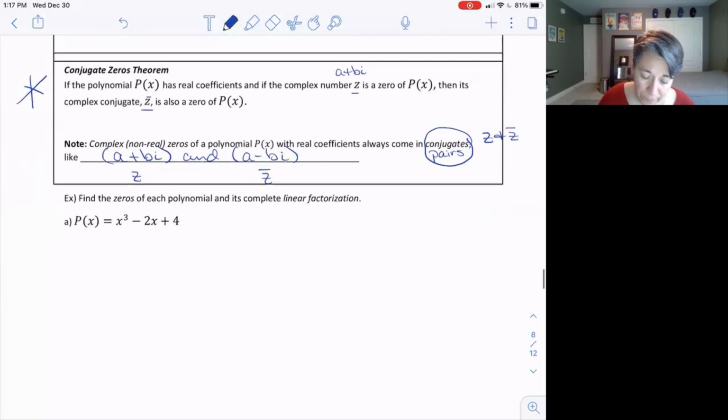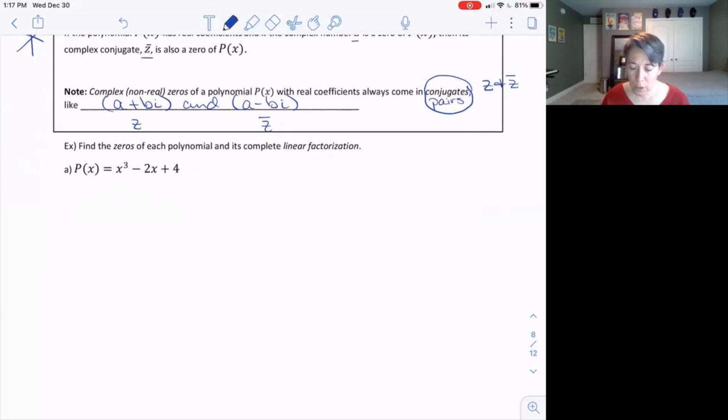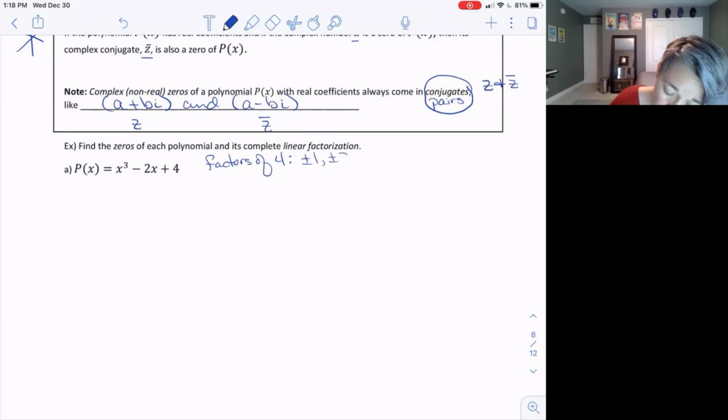So for example, they want us to find the zeros of each polynomial and its complete linear factorization. Again, finding the zeros, we can look at the possible rational zeros. So we've got factors of 4, plus or minus 1, plus or minus 2, plus or minus 4. And then the factors of 1, it's just plus or minus 1.